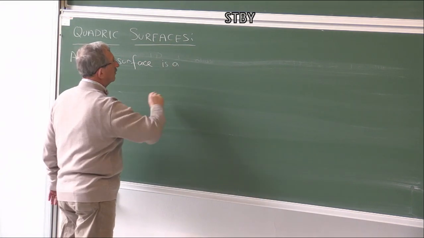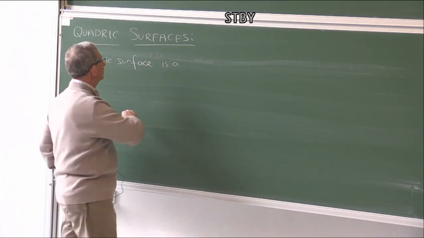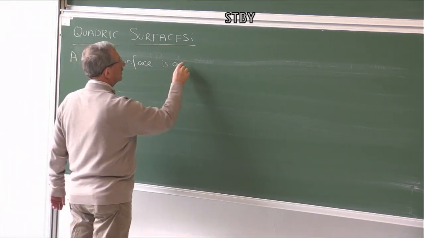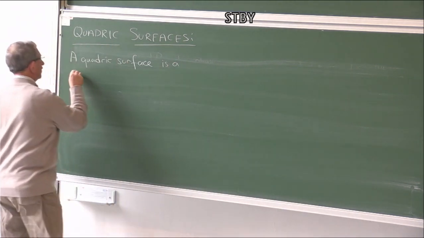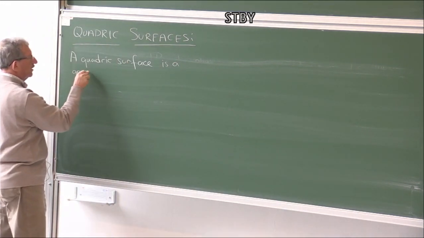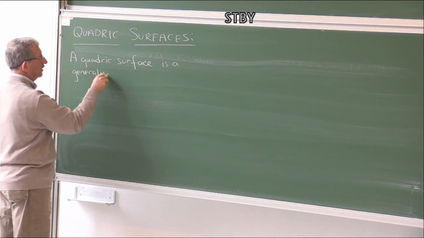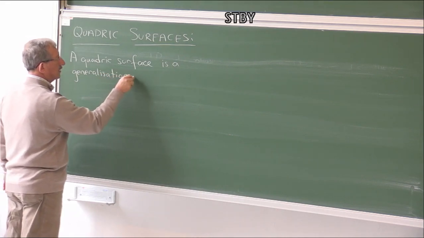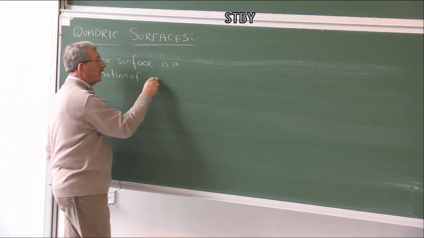A quadric surface is, okay, I will describe it a little bit differently. First, it is a generalization of conic sections.